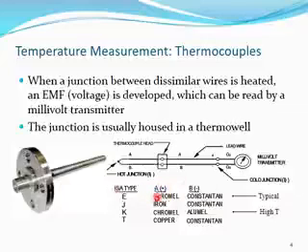Those wires could be 1 pure metal, or could be a composition of 2 or 3 metals. For example, if we talk about model E, wire A is chromel and wire B is constantan. Chromel is from chrome, meaning the metal chromium.